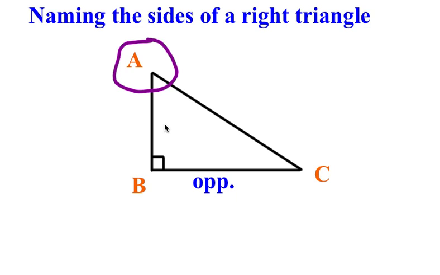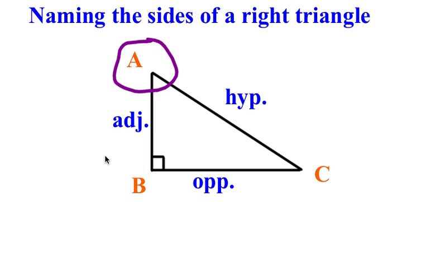So the side opposite angle A would be this side length right here. Then the adjacent could be easily found as long as we knew the hypotenuse. Now, the hypotenuse, as we know, is this side here, opposite the 90-degree angle. And then that would mean adjacent, remember the word adjacent simply means next to, would be this side length here.